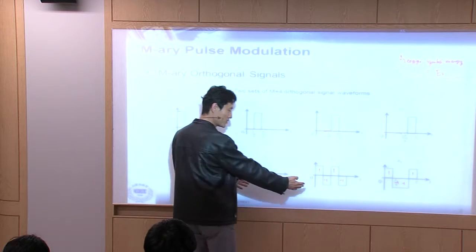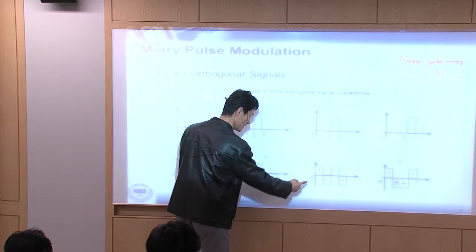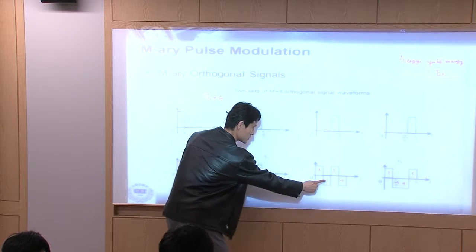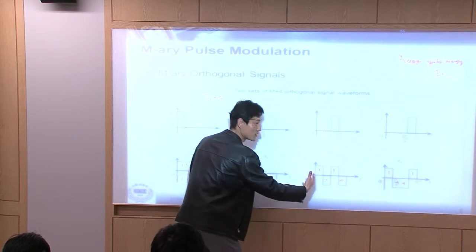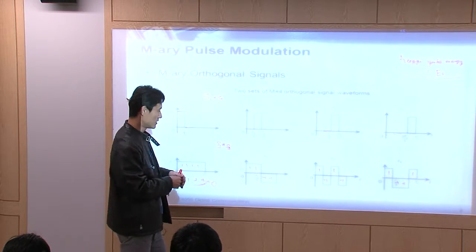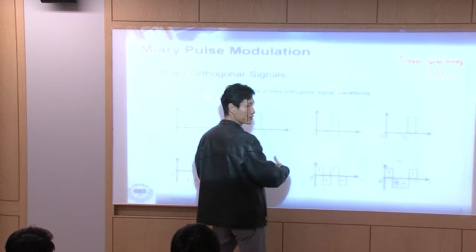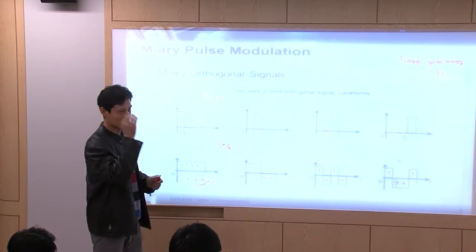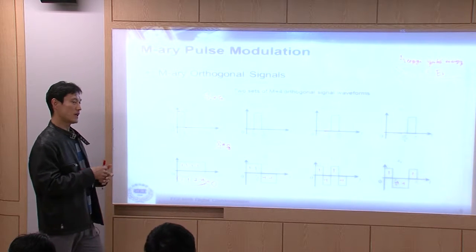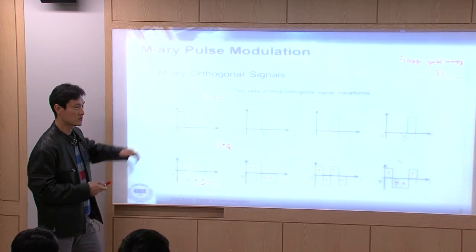Same thing for these two. When you multiply these two bit to bit, right? This bit, this one, this one, and then add it together, 0. These two, 0. These two, 0. Any of these two will give you 0. That means orthogonal. Same thing for this. Why?